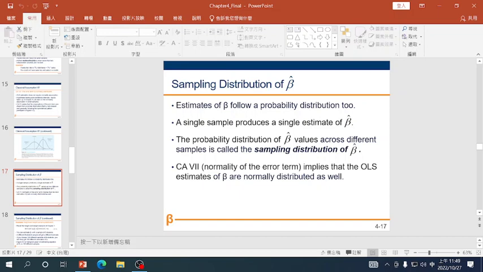It means that if we have different projects, we end up with a different beta hat for each data set. Since we use different data sets, we have different beta 1 hat and beta 2 hat. All right, so what does the sampling distribution tell us?